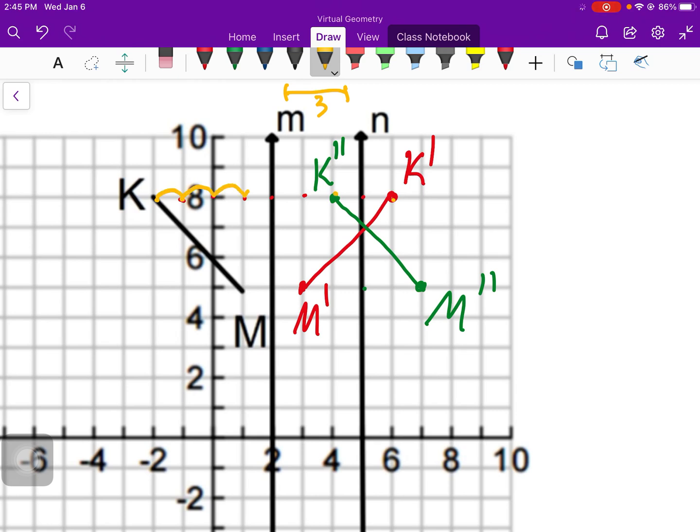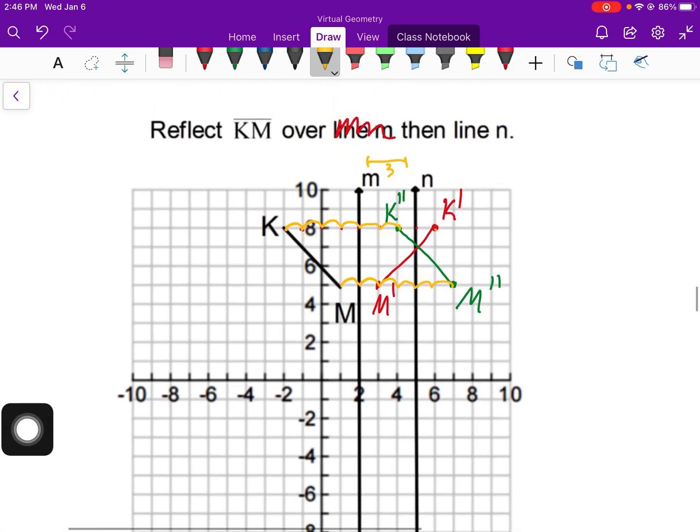Well, 1, 2, 3, 4, 5, 6. Same with M. 1, 2, 3, 4, 5, 6. That's going to work for all of those if we're doing a double reflection. Notice it's not true for a single reflection. But with a single reflection, you don't really have that second line, so this would basically become useless in that case.